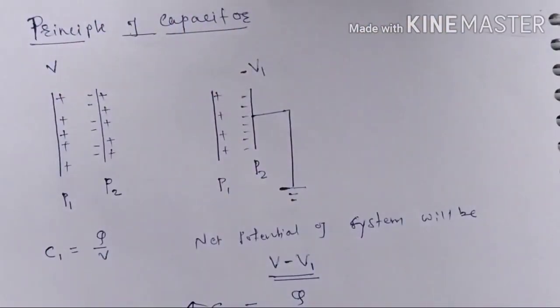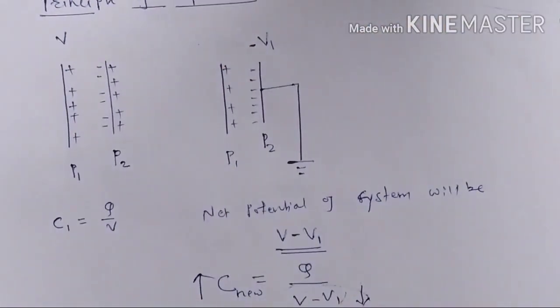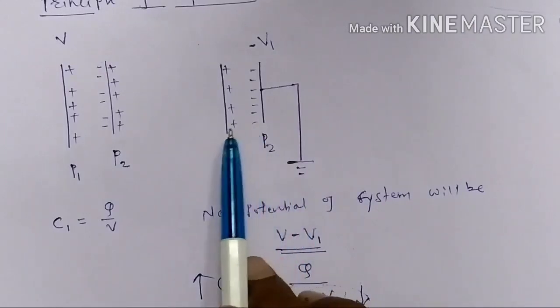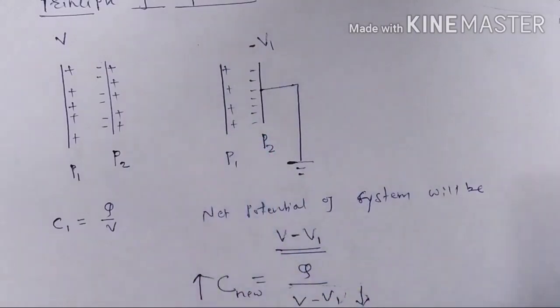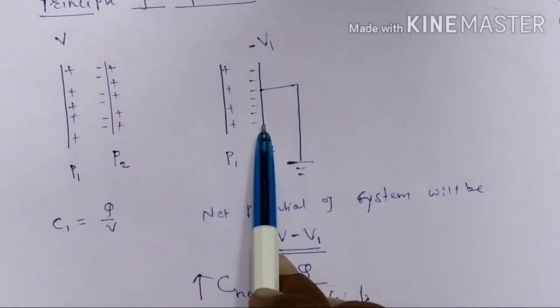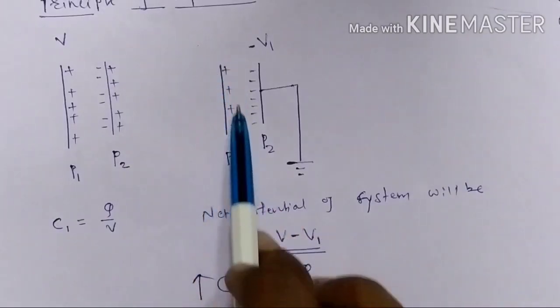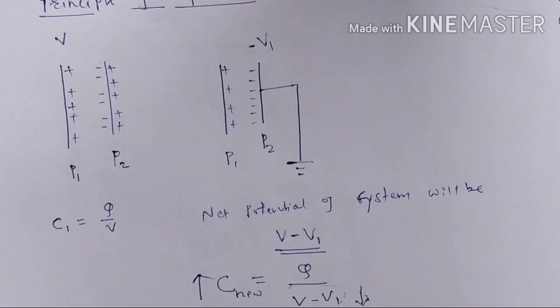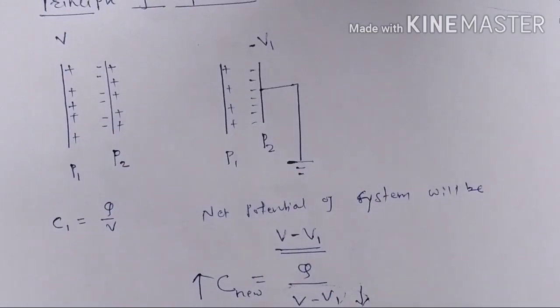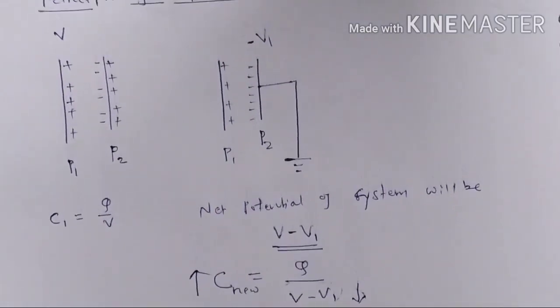This is the principle of a capacitor. And always remember, I repeat again: when another identical plate P2 is placed near plate P1, the potential of plate P1 decreases and the capacitance increases.